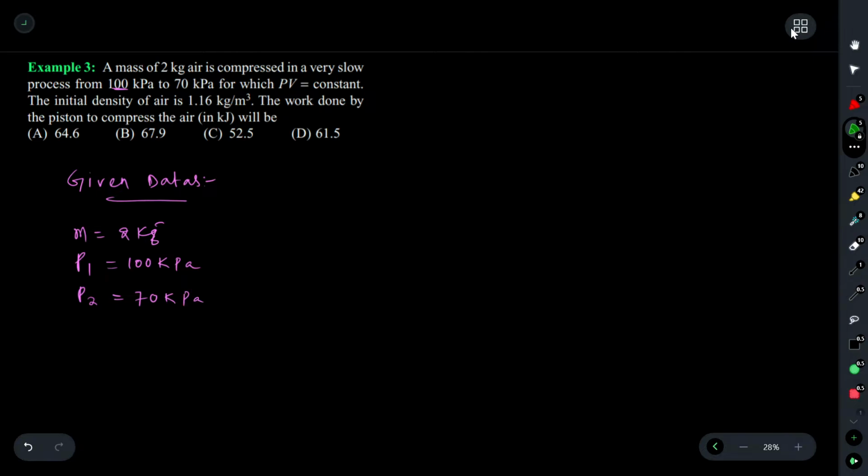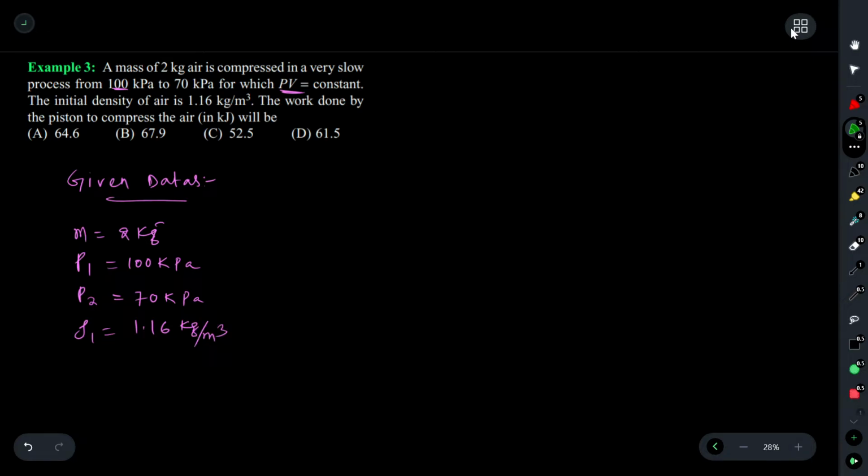Okay, then we are given the process in which this compression is taking place, that is an isothermal compression process, right? And the initial density is given, that is rho 1, as 1.16 kg per meter cube.